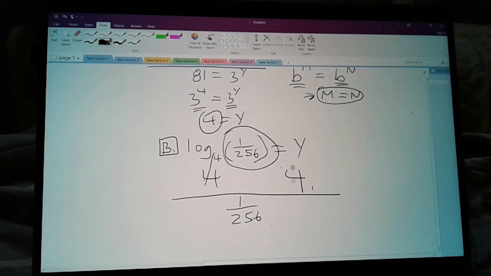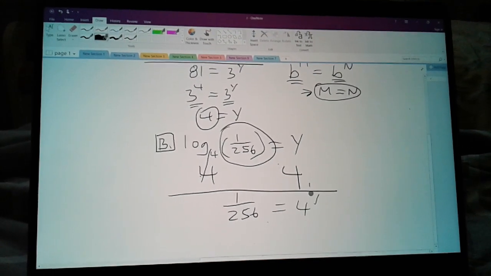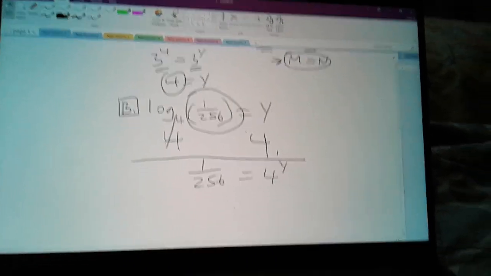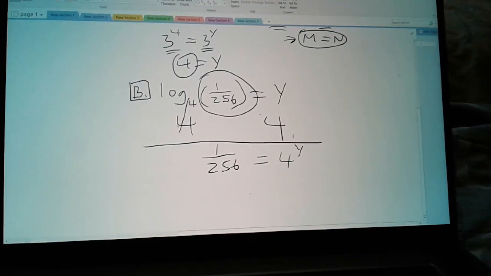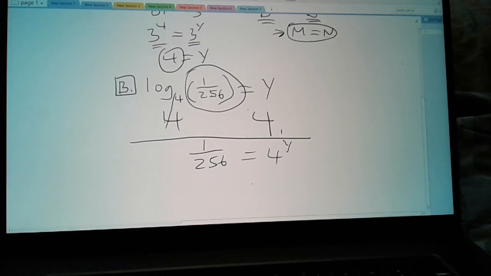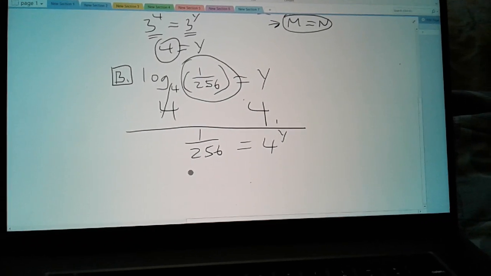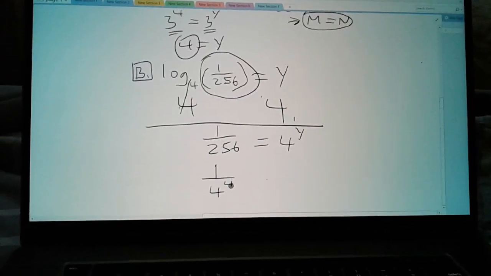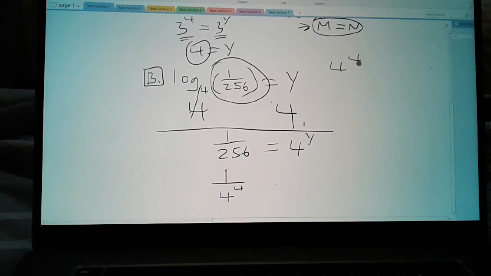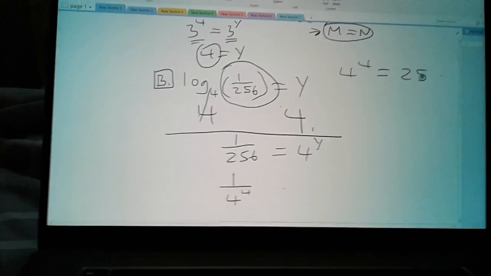And here I have 4 to the power of y on the right side. So again, you want to be able to do these by hand without a calculator. So what is 256? Well, I know that 256 is 4 to the 4th power. So 4 to the 4th power is 256.